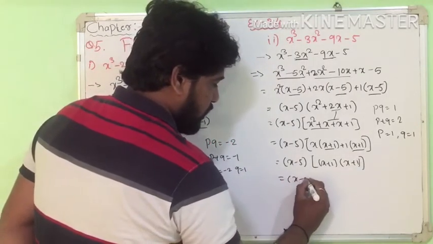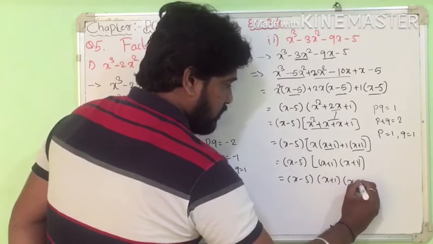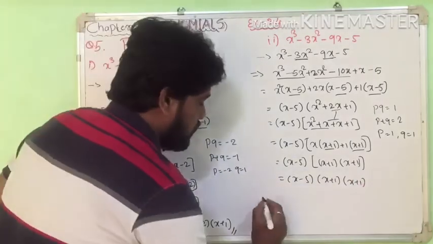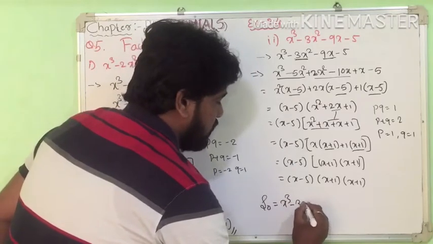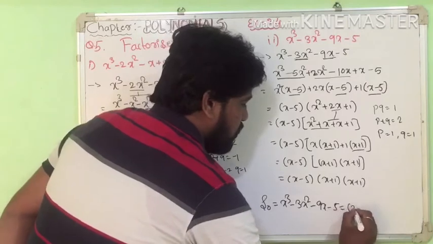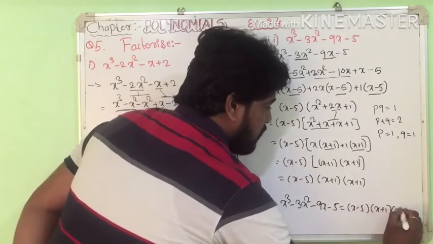So x minus 5, x plus 1, x plus 1. It means x plus 1 whole square also right here. So x cube minus 3x square minus 9x minus 5 is equal to x minus 5, x plus 1, x plus 1.